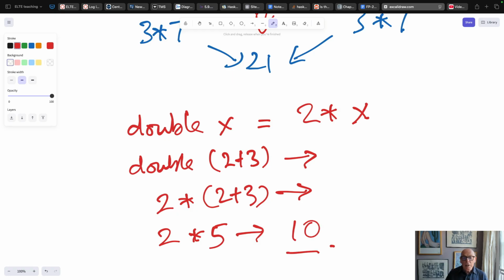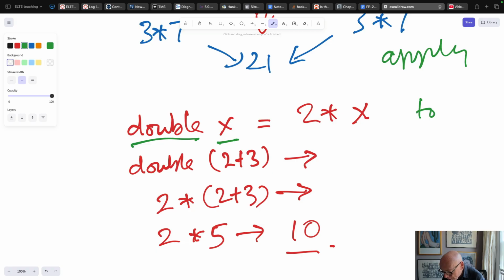So the final piece of our puzzle is that we define functions by equations like this. We say apply double to x, and there's a piece of terminology. When we write something like double next to x, we're saying apply double to x, just by putting the two next to each other.